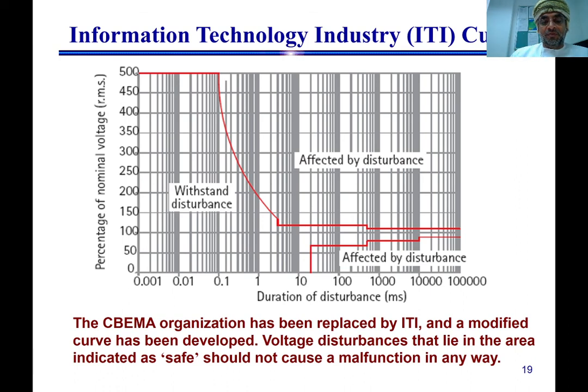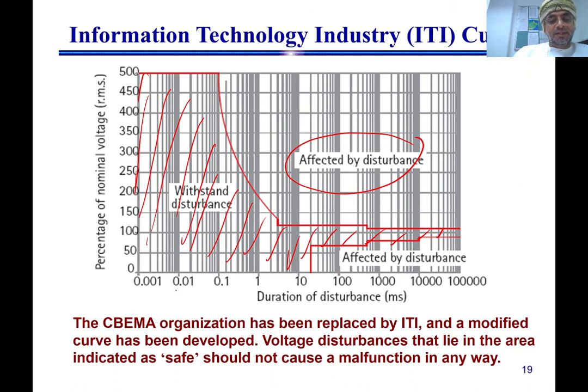Voltage disturbances that lie in the area indicated as safe should not cause malfunction of this IT device. So again, this is the area in which the IT device should work without any problem. But anything above the envelope, the device will be affected, and anything below the envelope, the device will be affected.